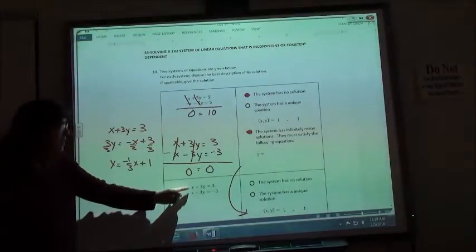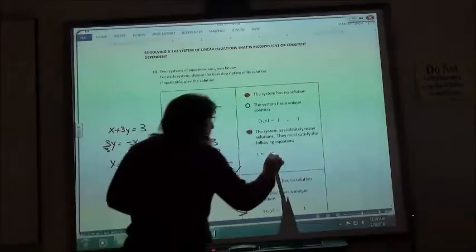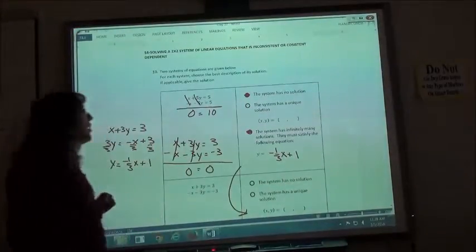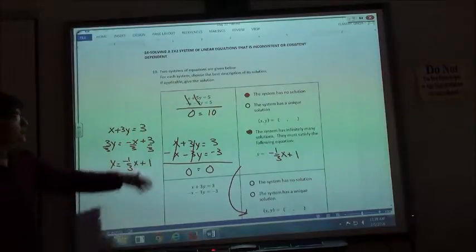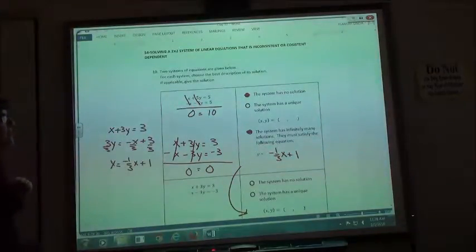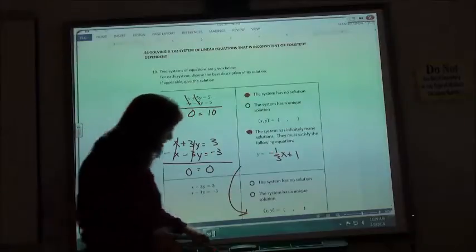Either equation, if I solve it, should give you y equals negative 1/3 x plus 1. They're going to have you type that in over here for the equation. So your top one has no solution. The bottom one has infinitely many solutions and must satisfy the equation y equals negative 1/3 x plus 1.